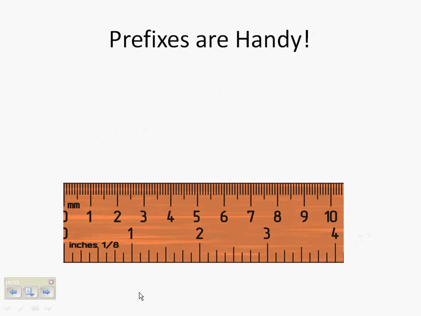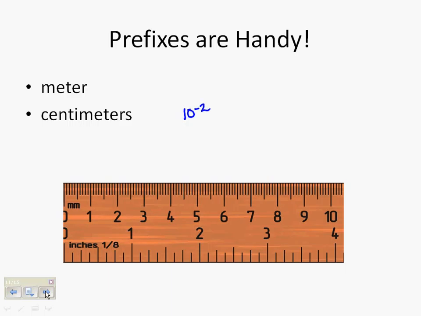Prefixes are handy, and we'll be using these for conversions, so just a little bit of review for you. If we have a meter, we could also have centimeters, and if you look up the word centi, it means a hundredth, or 10 to the minus 2.